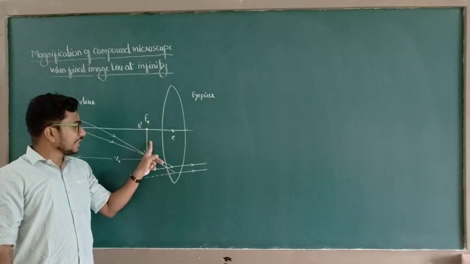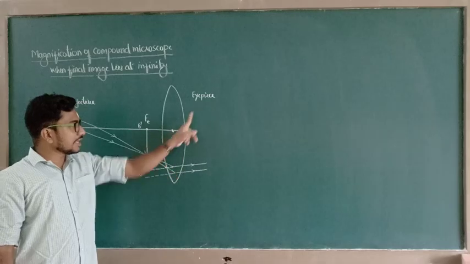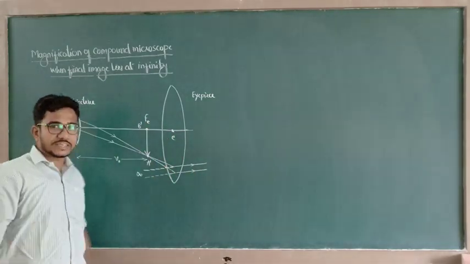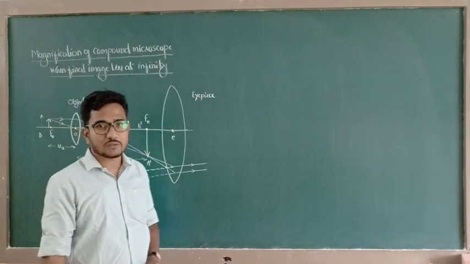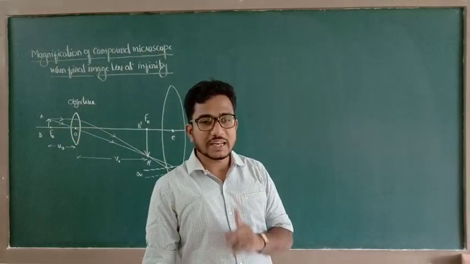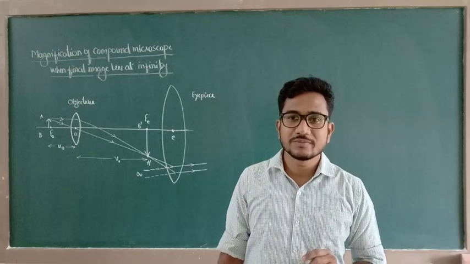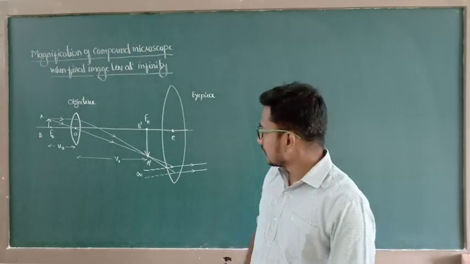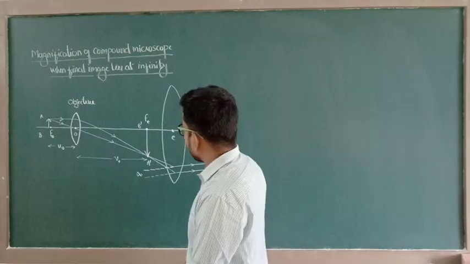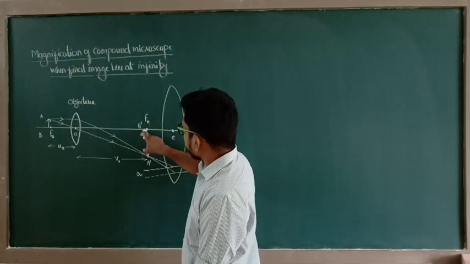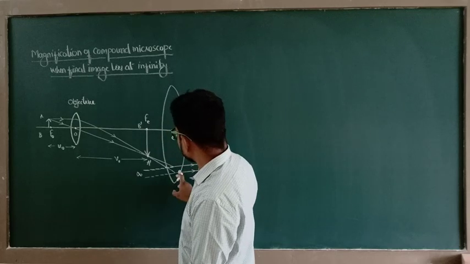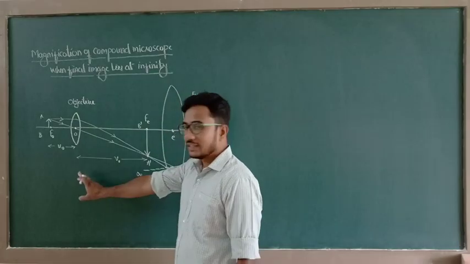When A dash B dash, the object for the eyepiece, lies at the principal focus, then its image lies at infinity. We know that in case of a convex lens, when the object lies at the principal focus, its image lies at infinity. So here A dash B dash lies at the principal focus of the eyepiece, and hence the final image lies at infinity.